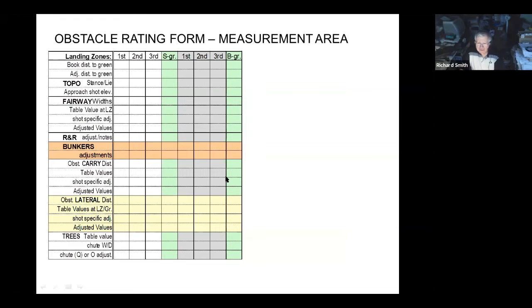So concentrating now on that part of the form where we actually record our measurements and our intermediate values. Again, the book distance to the green, any adjusted distance to the green if there were EPL corrections.